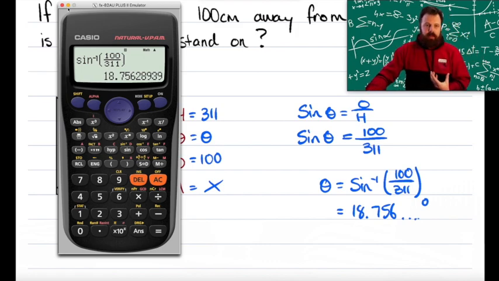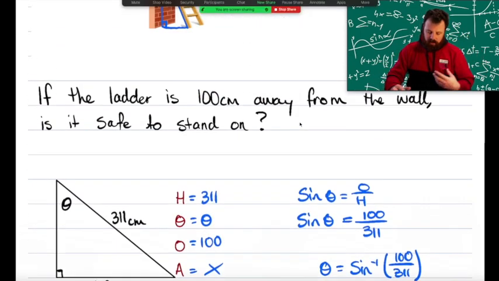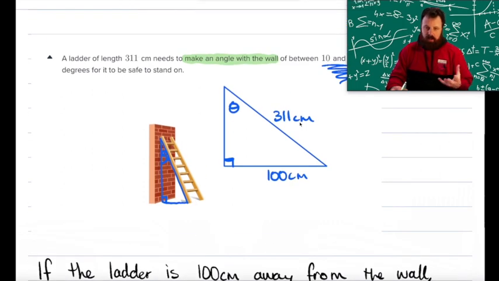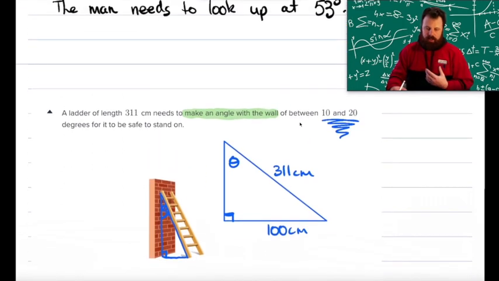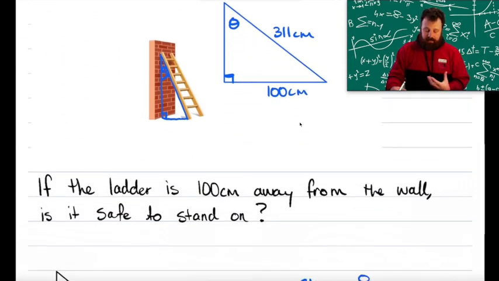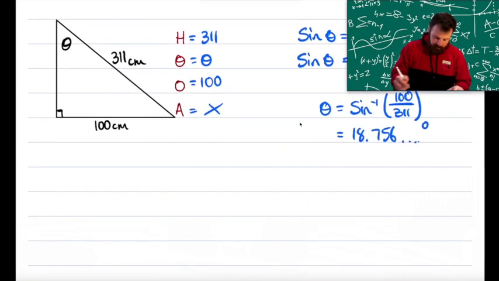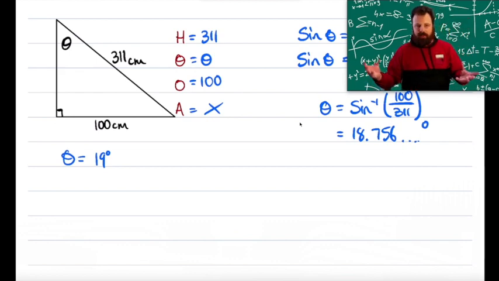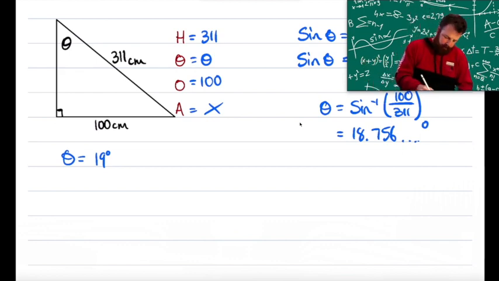Now again, we haven't answered the question yet. The question says it needs to be between 10 and 20 degrees for it to be safe to stand on. The question was, is it safe to stand on? Theta equals 18, well, hang on. It's going to equal 19 degrees when we round to the nearest whole number.